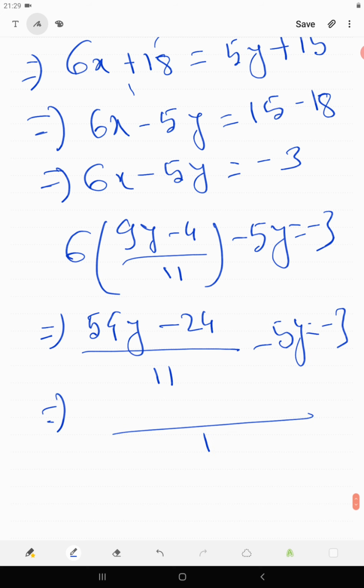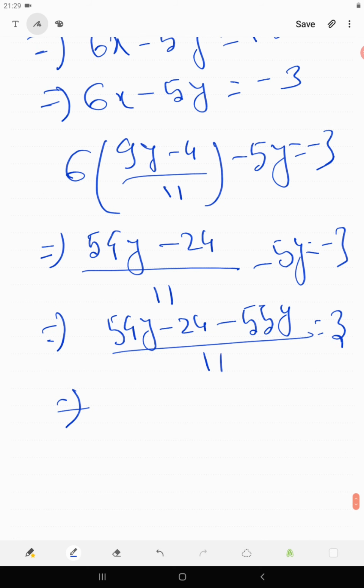Now take 11 as LCM, we'll get 54y minus 24 minus 11 into 5 is 55y equals, 11 will go to the right hand side and it will be minus 33. Because minus 3 is there, minus 3 into 11 is minus 33.